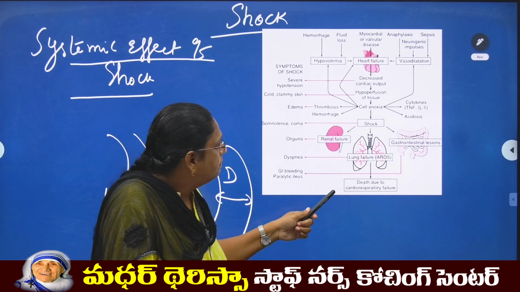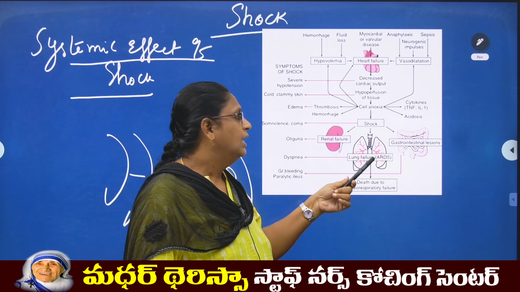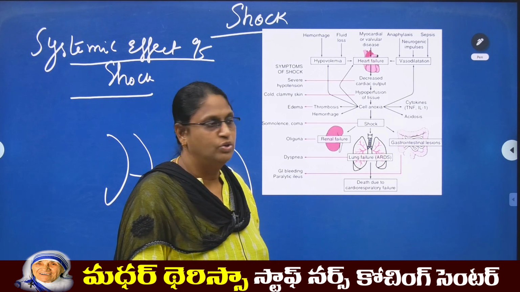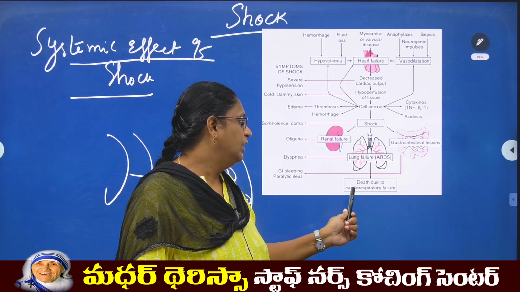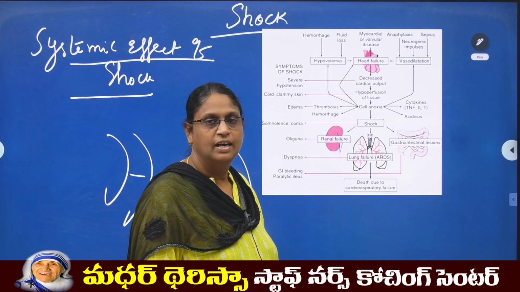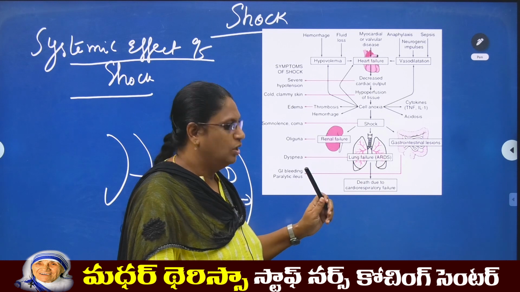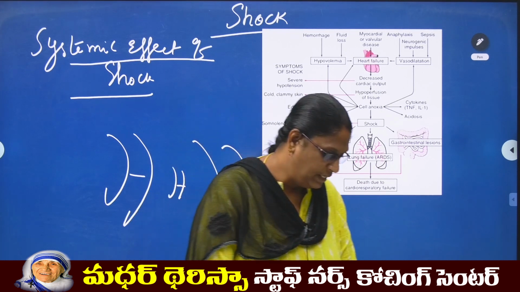As a patient gets into shock, there will be acute respiratory distress syndrome, and finally death due to cardiorespiratory failure. The heart fails and the lungs also fail to work. These are the systemic effects.